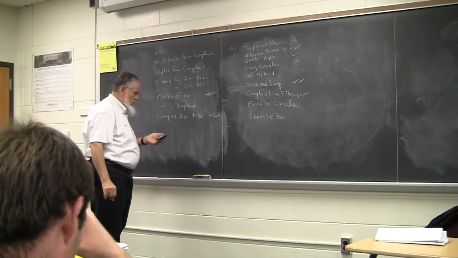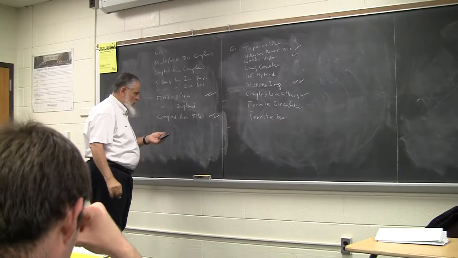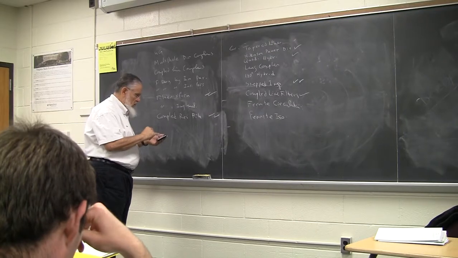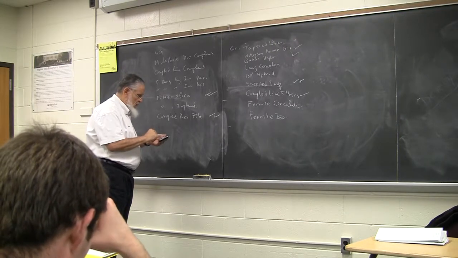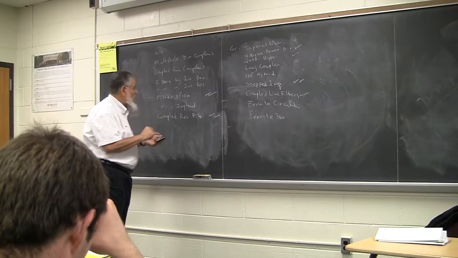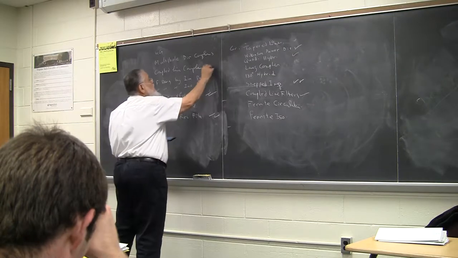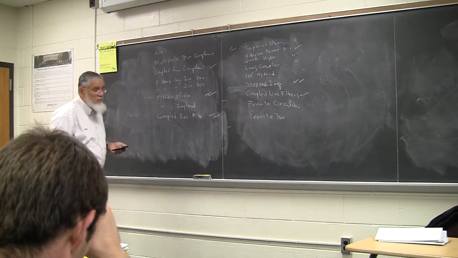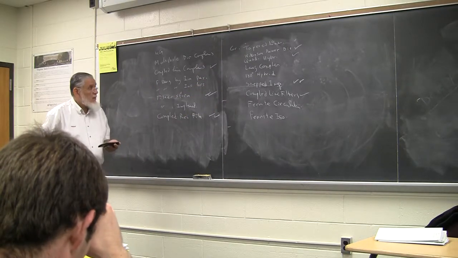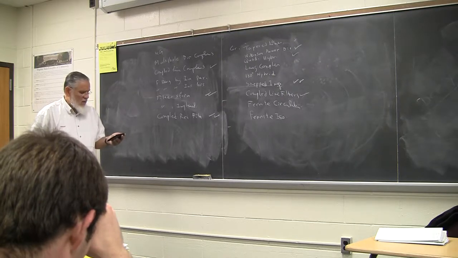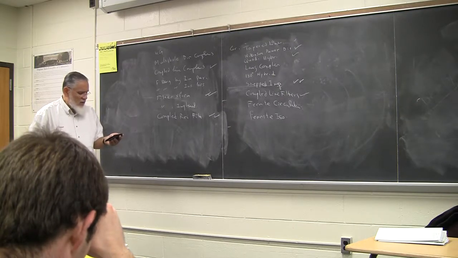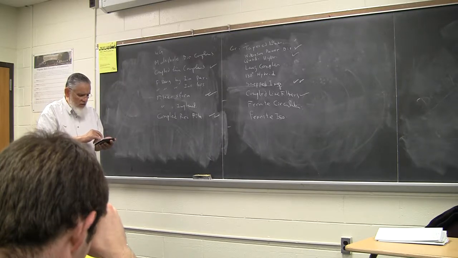And I have one candidate for topic B, which is the coupled line coupler. One person. All right, if I go with first come first serve, let me tell you who got what, right?